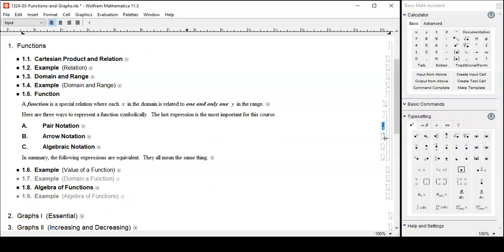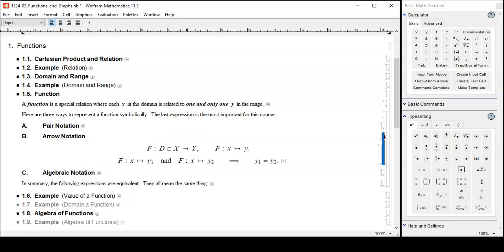Okay, next, arrow notation. So D is a domain, and capital F is sending the domain into a target Y. Elements of the domain X are sent to a certain element of target Y. With sets, we use the usual arrow.